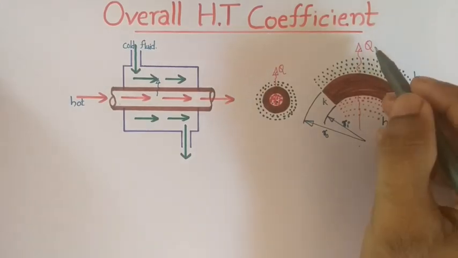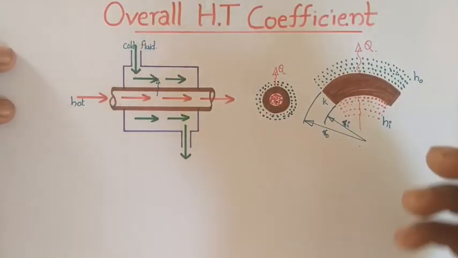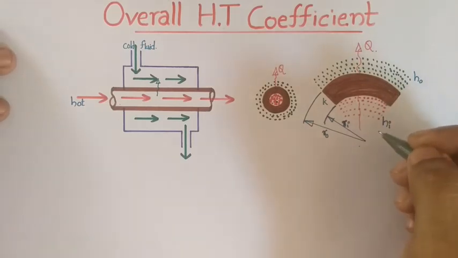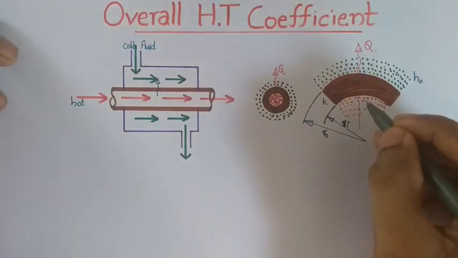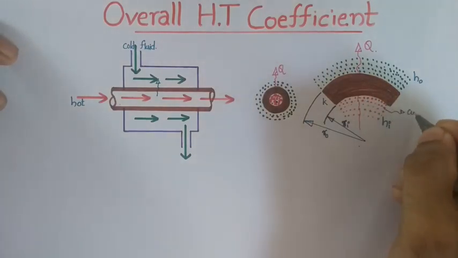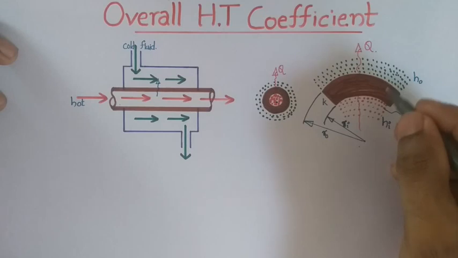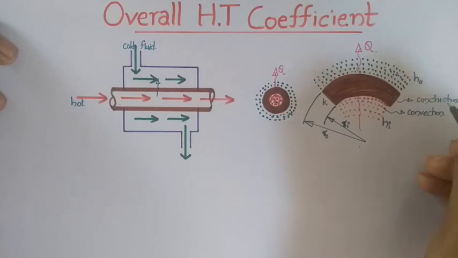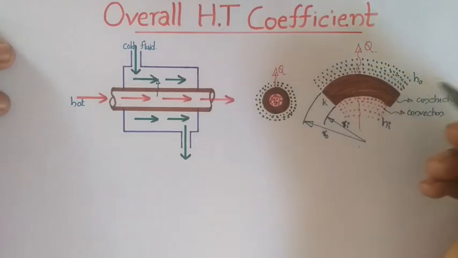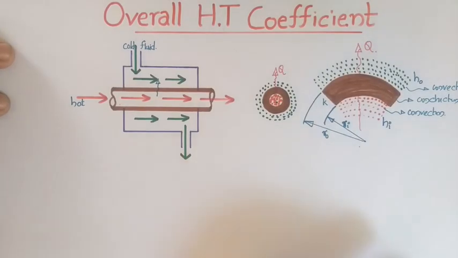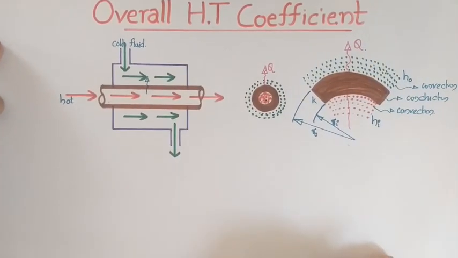The heat transfer occurring is named Q. The phenomenon by which heat is exchanged from the inner fluid to the tube surface is convection. Along the tube wall, through the metal, conduction will occur, and from the outer tube surface to the outer cold fluid, again convection will occur. So these are the three ways by which heat is transferred from the inner hot fluid to the cold fluid.